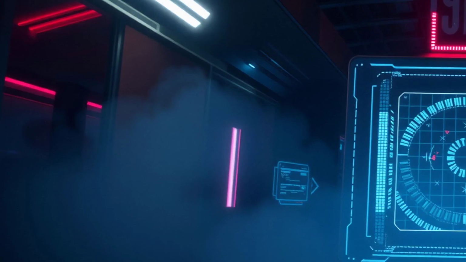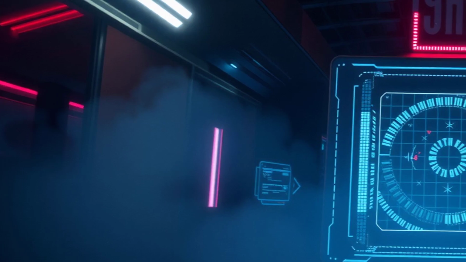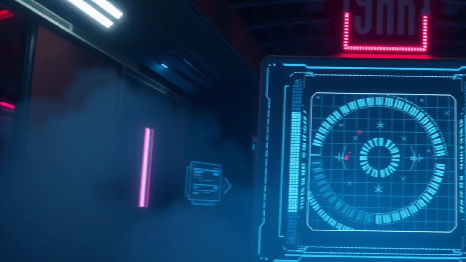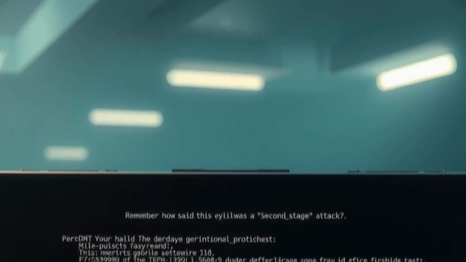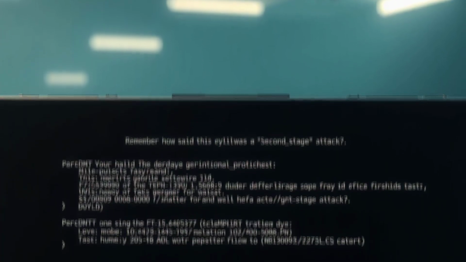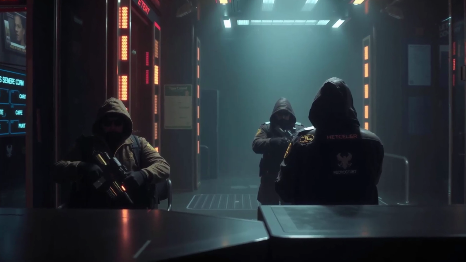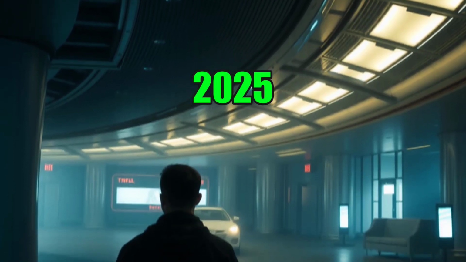And that brings us to the final, fascinating layer of this mystery: the attack chain. Remember how I said this exploit was a second stage attack? The attackers needed to get in first. Well, the breadcrumbs seem to lead back to December 2025.